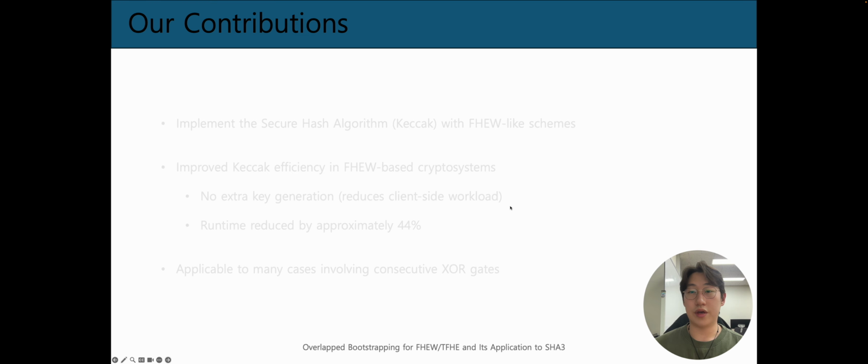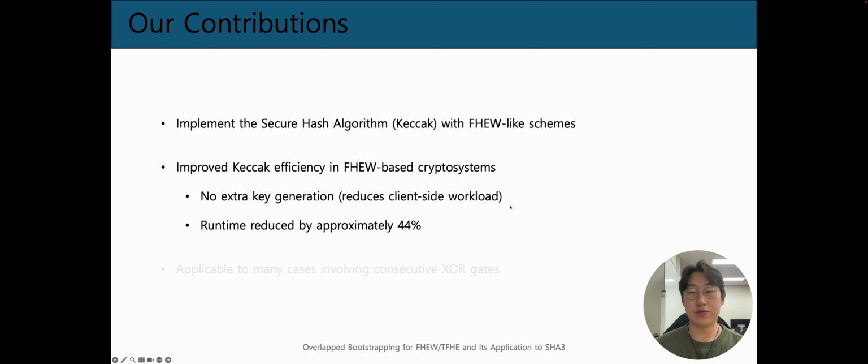These are the main contributions of our work. First, we implement SHA3, also known as the Keccak algorithm, using FHEW-like schemes. Next, we improve its efficiency by applying our method, reducing the runtime by approximately 44%.